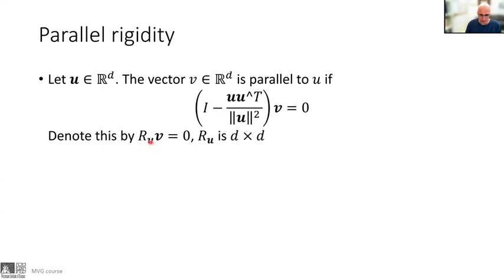This matrix, which I call R_u here, is a projection matrix onto the space that is orthogonal to u. Let's see that. In this term, we take the inner product of u with v, and we multiply that inner product with u. The inner product is u transpose v multiplied by u, and this is a normalization factor. So this term projects v into the direction of u.